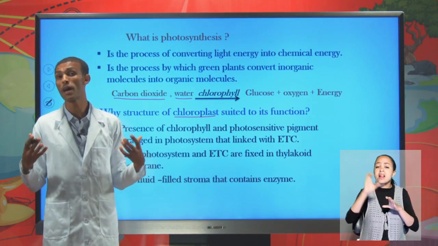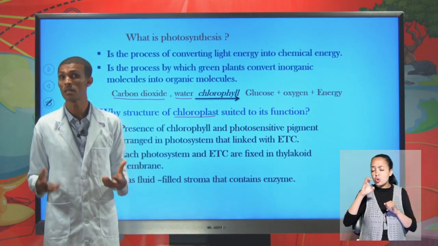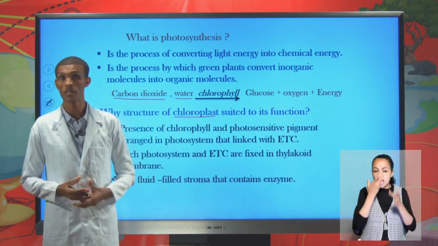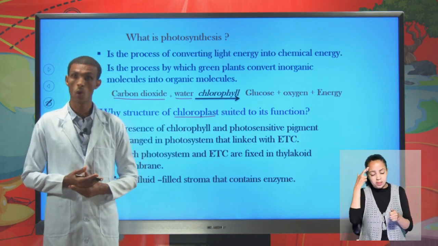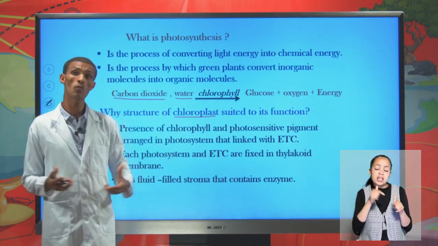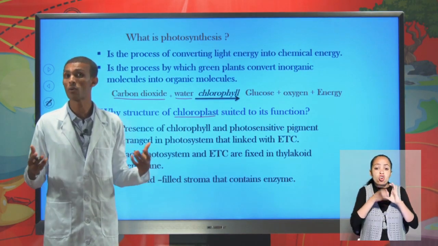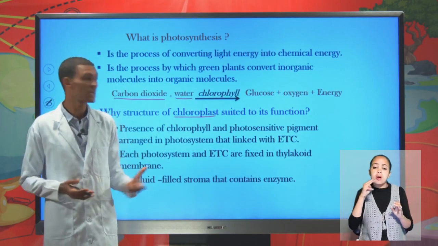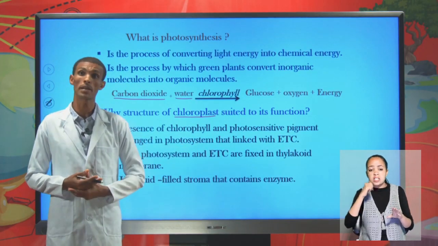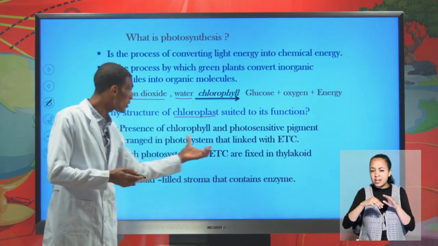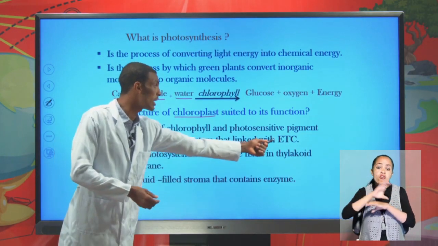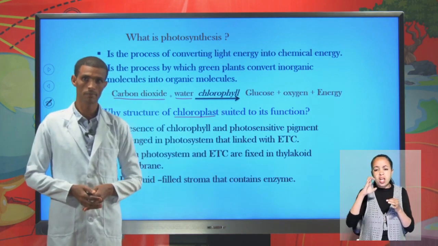Chloroplast, just like mitochondria, is well suited and adapted for its function because of the following reasons. One is the presence of chlorophyll with a cofactor such as magnesium, and other photosensitive pigments found in the thylakoid membrane, where each chlorophyll in the photosystem is linked to the electron transport chain.